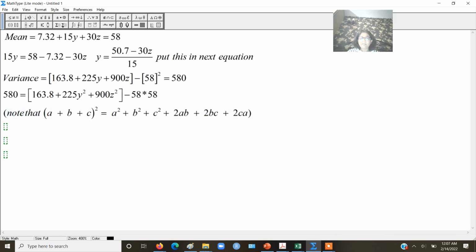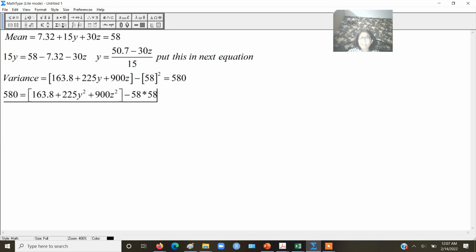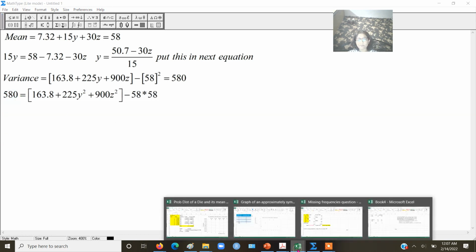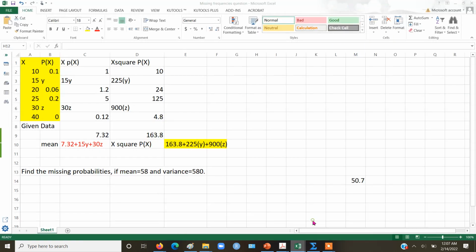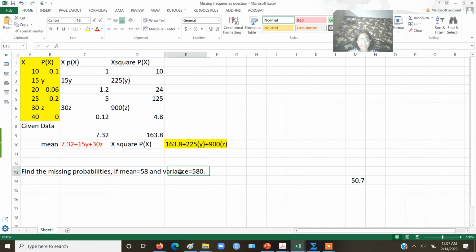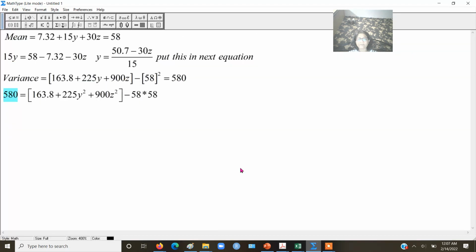And I have equated it with 580 because in the question it was given that variance is equal to 580, right? You can see in the question it was given that variance is equal to 580.